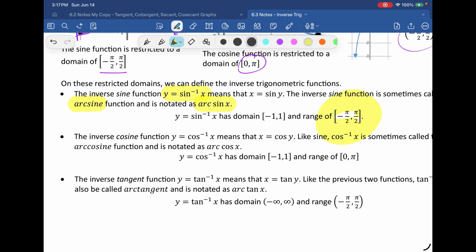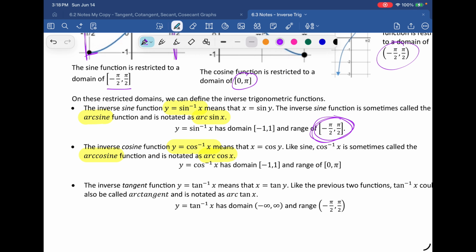Since we're limiting cosine to a domain of 0 to pi, the range of inverse cosine is 0 to pi. Those mean my answers have to fall between 0 and pi. And just like sine, there are two different notations, inverse cosine or arc cosine, represented as arc cosine of x.